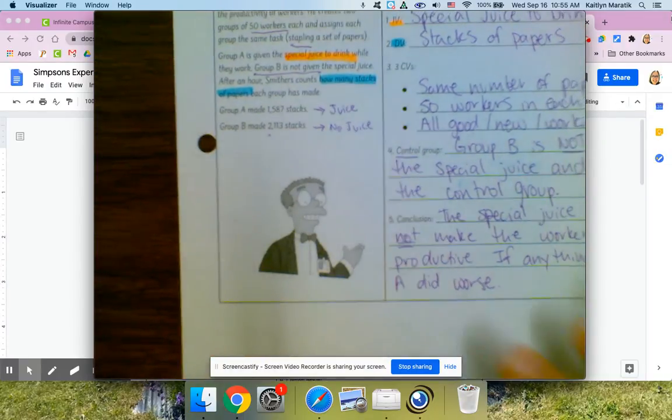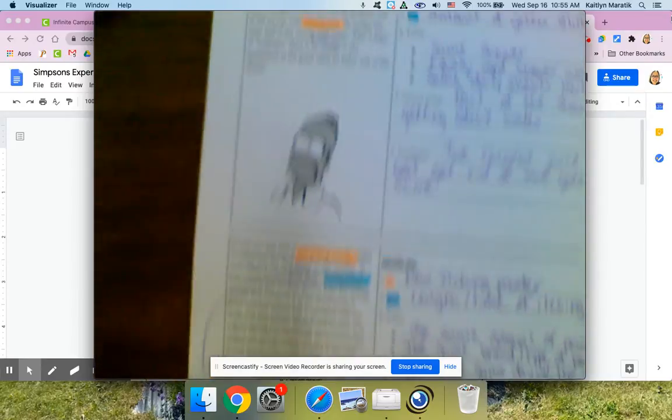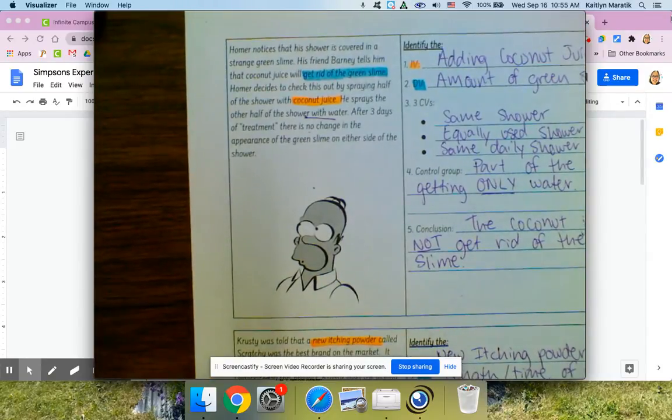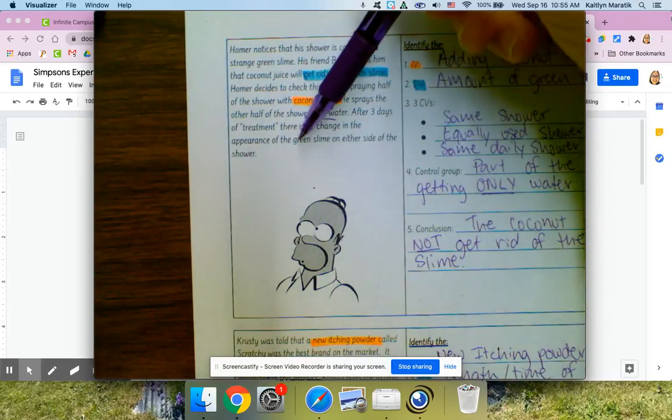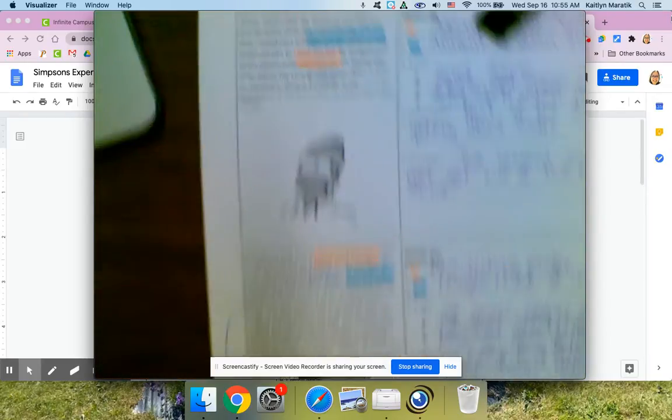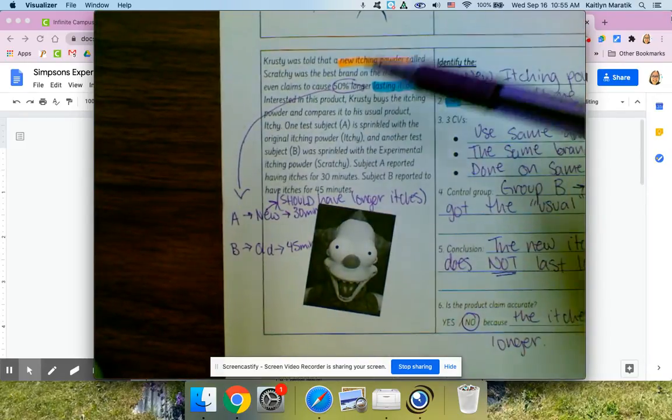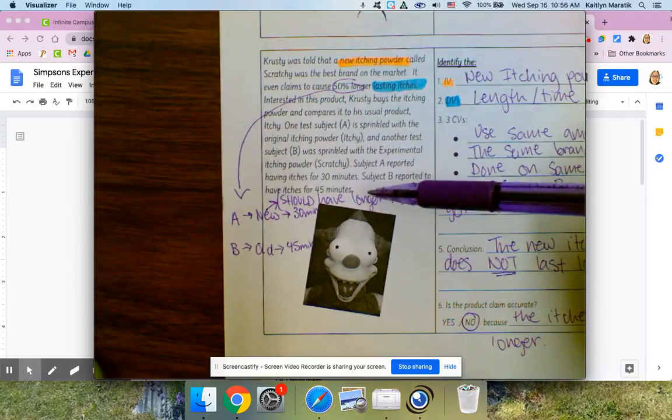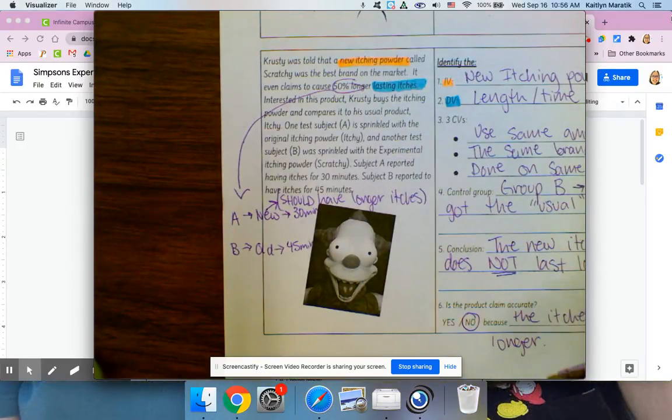That's a pretty good sample size. Homer, he only did it over 3 days, but at least he did have the same wall 3 days. Maybe he should have gone a little bit longer, but I mean, it's not the worst test in the world. But to only have one for each type of each product and to have two different people try it, it's not really a fair test at all.